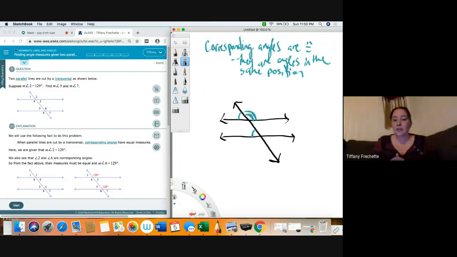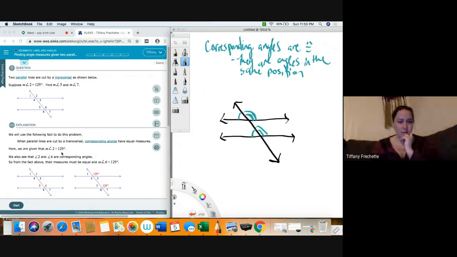So I'm looking at a different angle. But if I slide down, I can go to this one, like this. So they're both on top of the parallel lines, and now they're to the right side of it. And it looks like I can take this angle, and if I could lift it up, I could slide it right down and it would fit right on top of this one. So that's the idea of a corresponding angle.